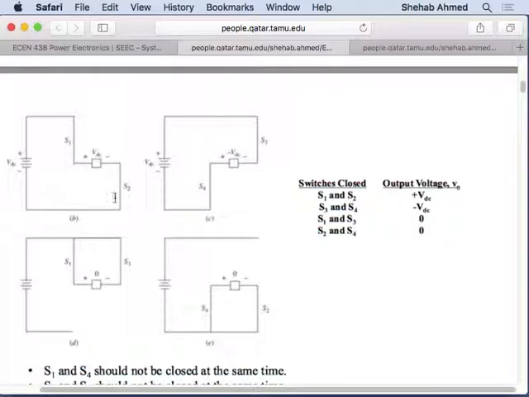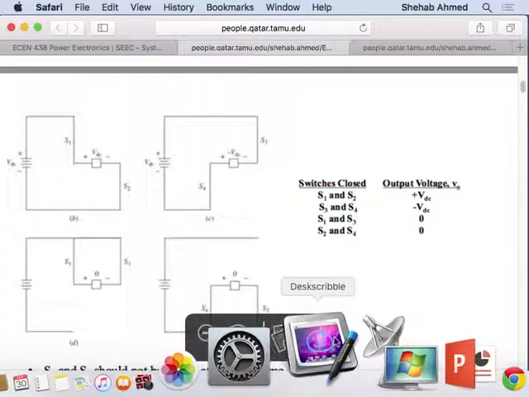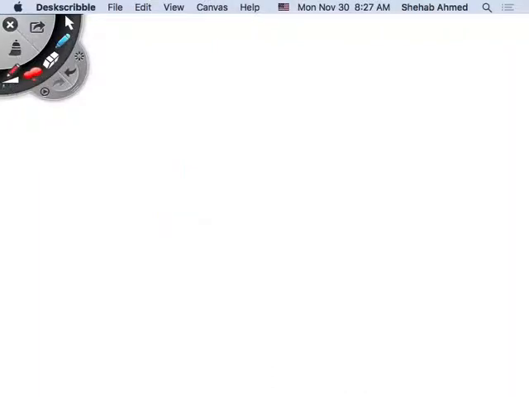So sorry, let's draw it. Let's do it for the half bridge, for example. Actually, let's look at it this way.